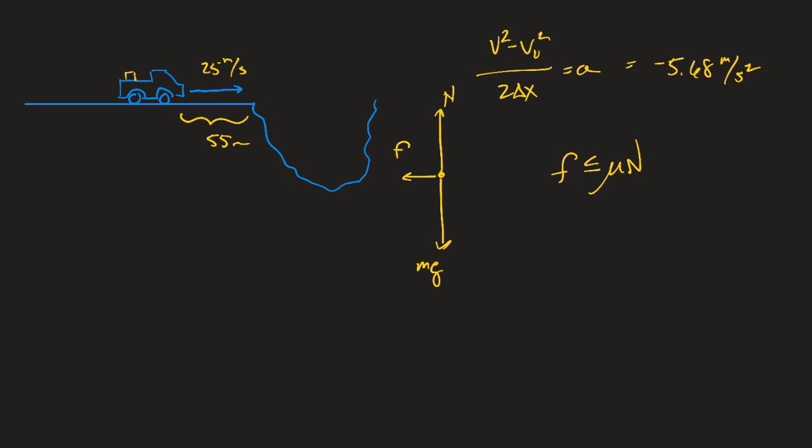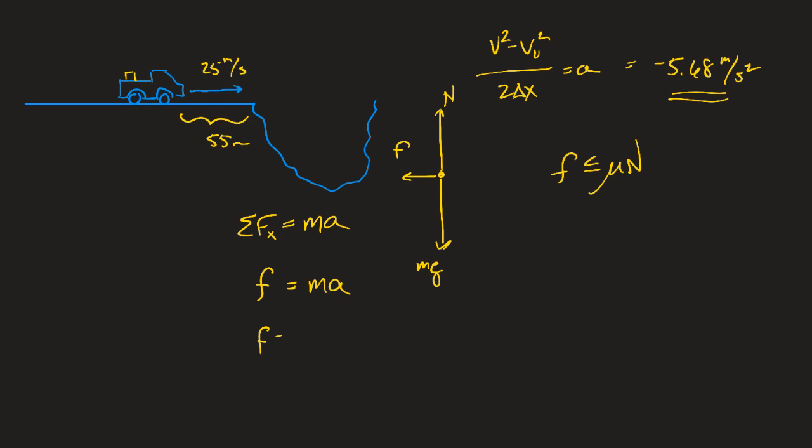I could attempt to figure out if, when stopping the truck, I stay within the threshold, because we have a specific acceleration we have to maintain. For the valuables, the net force in the x direction has to equal ma, which means friction has to equal ma.